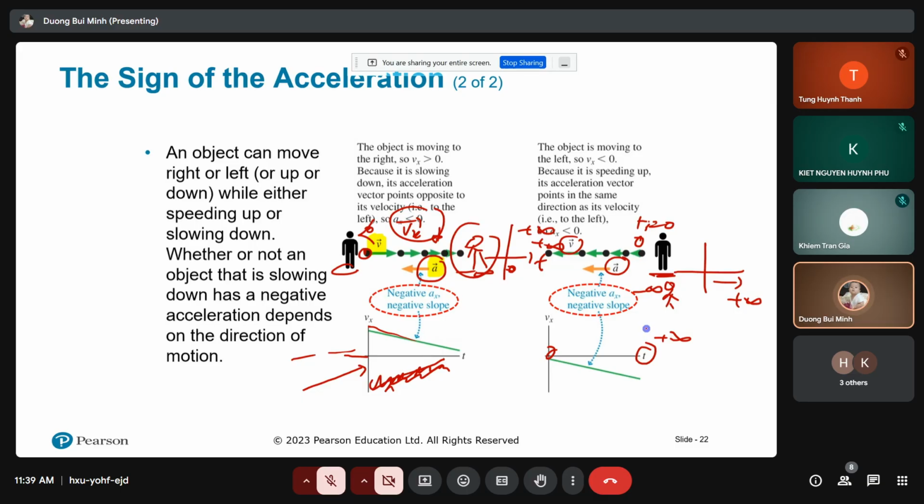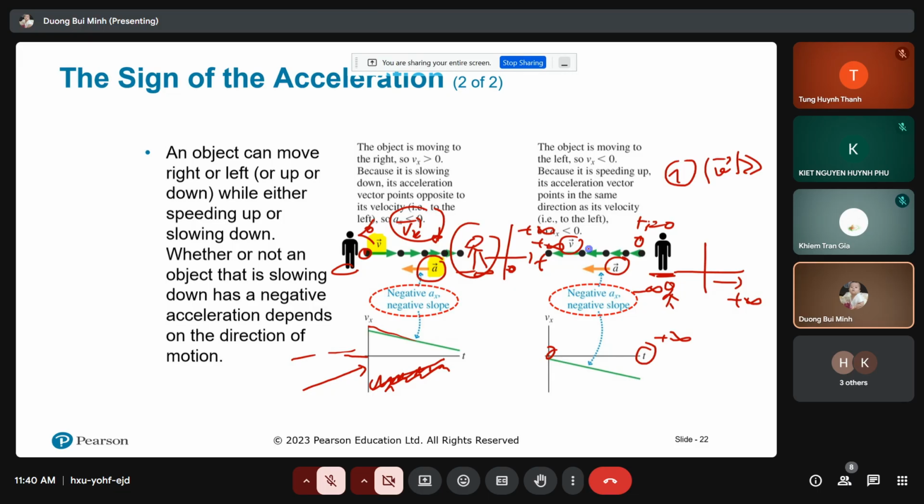Maybe we have another explanation to clearly understand. So first of all, we can make sure the magnitude of v must be increased, right? Because the direction of the velocities and the direction of accelerations are the same, right? Now, for the second one, we need to determine velocity is positive or negative.